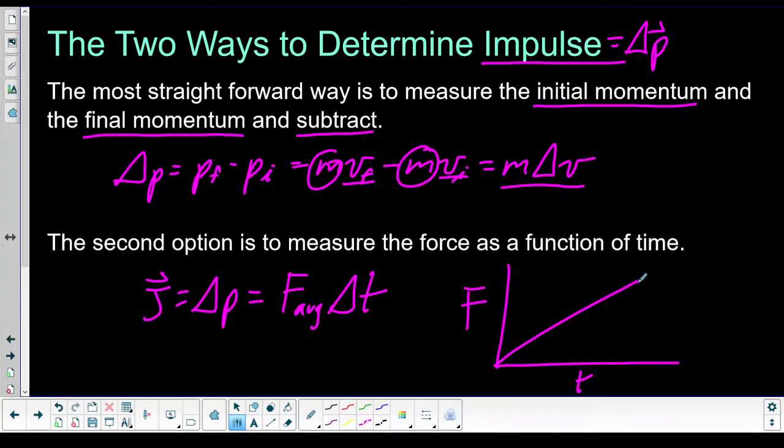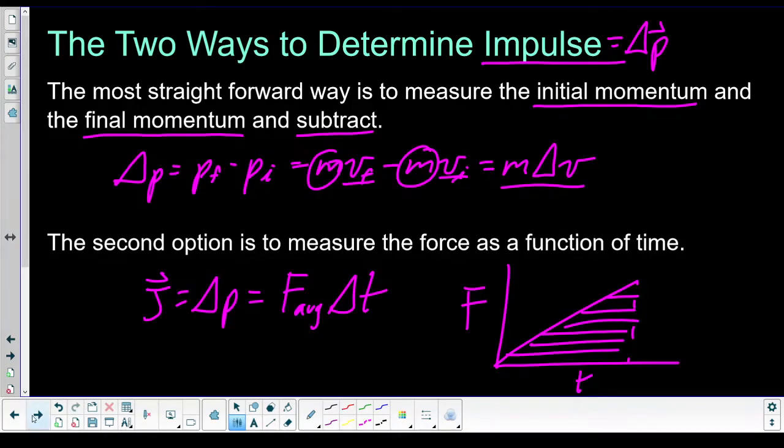And then what we're looking for is the area underneath the graph. The area of this thing will tell us the change in momentum or the impulse acting on the system. So that's kind of our goal here.